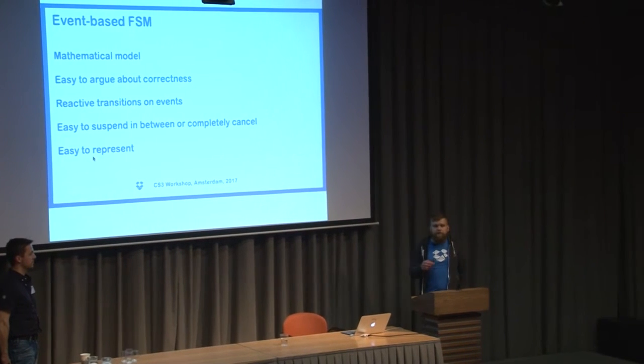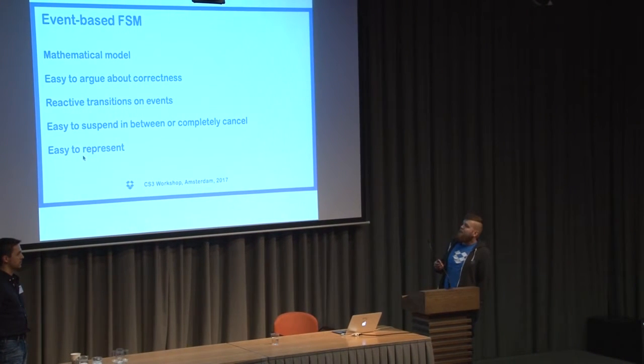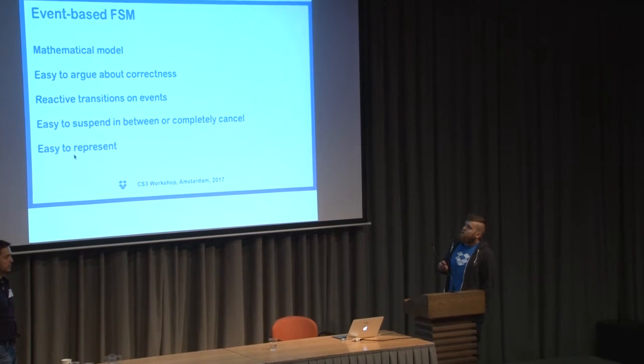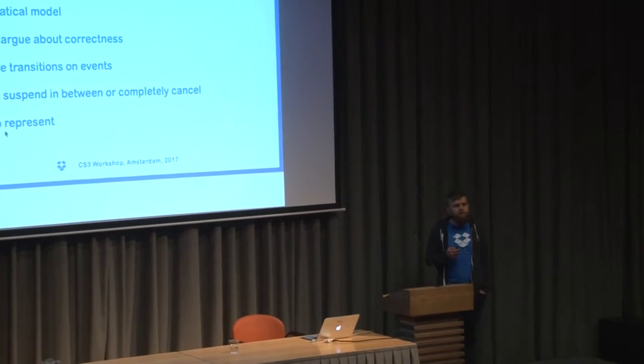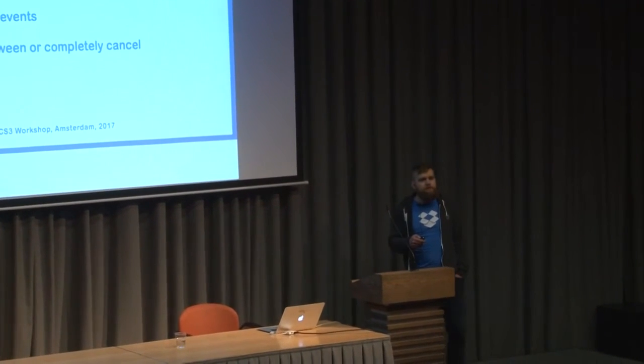And we want to have cycles in our logic. Actually, a state machine provides a good mathematical model to model what we're trying to do. And it's actually easy to argue about the correctness of any mathematical model. And why is it event-based? Because we want reactiveness. We want to reactively make transitions in the state machine on some sort of events.